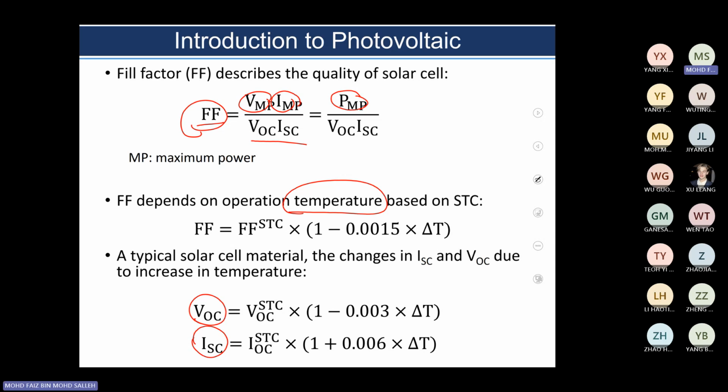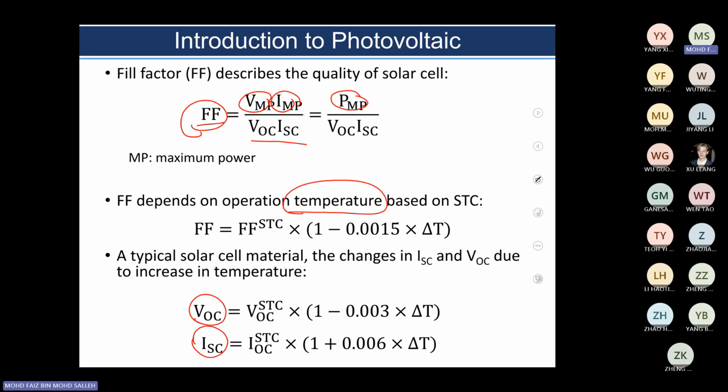When your solar cell becomes hot, the performance will drop. That's why we also use two kinds of cooling system, either active cooling or passive cooling. Like the floating solar cell, we are using the passive cooling system. We make use of the water to cool down the temperature of the solar panel.